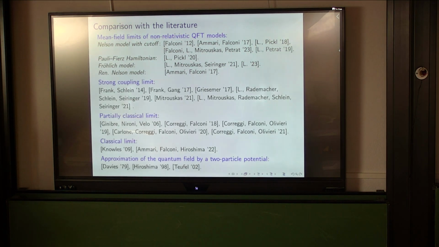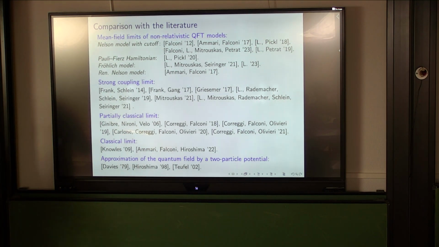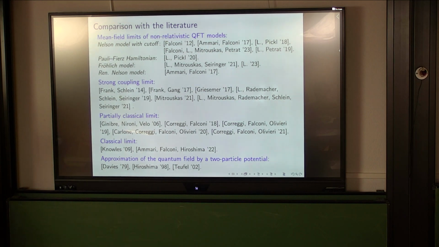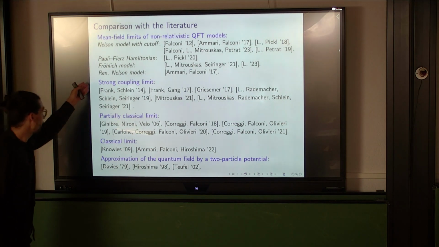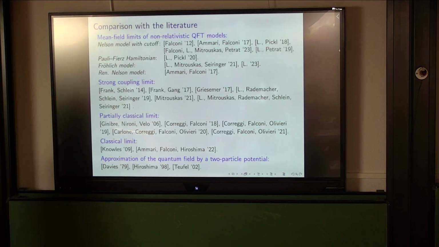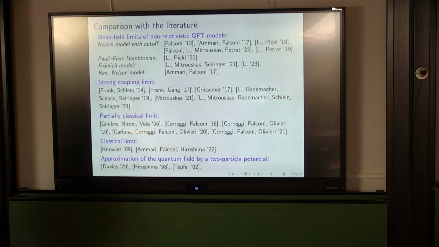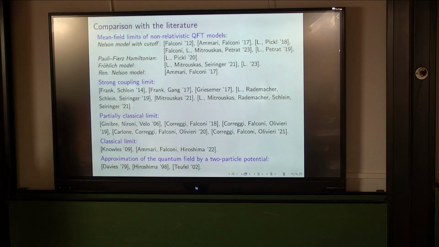So on a wider scope, one can say we look at the limit where the field, so to say, behaves classically, and this classical behavior of a radiation field can also be seen in different limits, like the strong coupling limit of the polaron, which appeared in the talk of Robert today, and in a partially classical limit where a finite number of particles is weakly coupled to the radiation field.